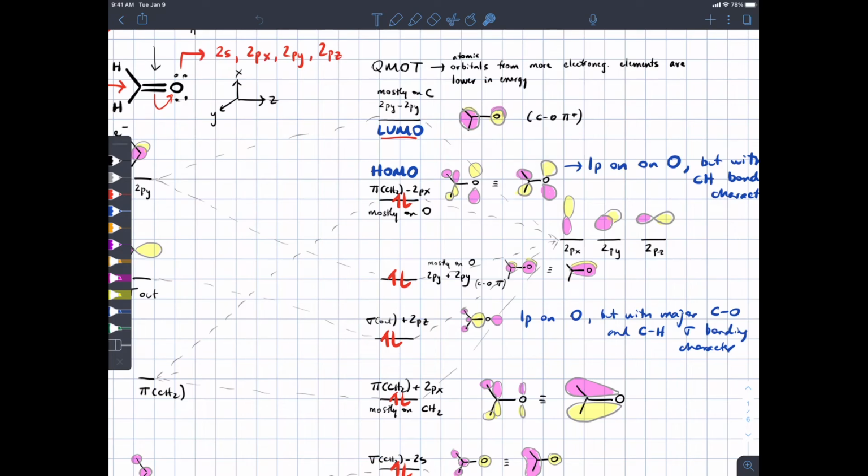So correspondingly, for the plus combination down here, we have more of it on the carbon because the carbon pi CH2 is lower in energy than the 2px.